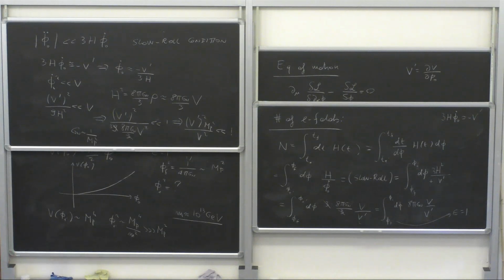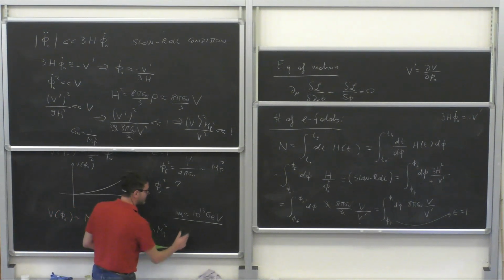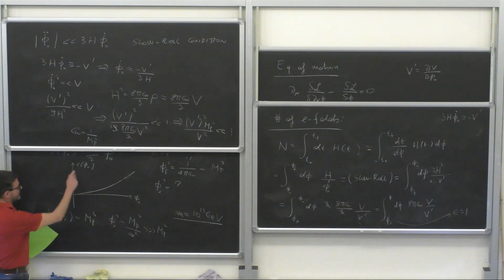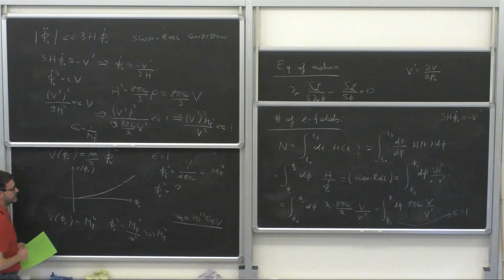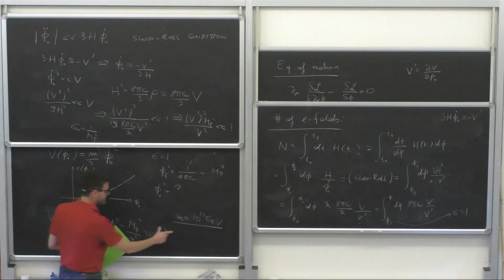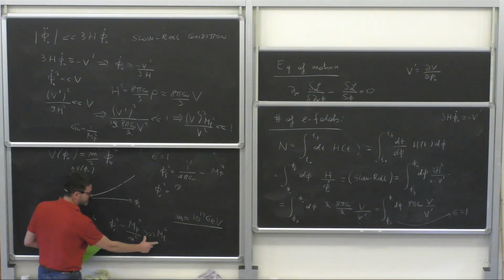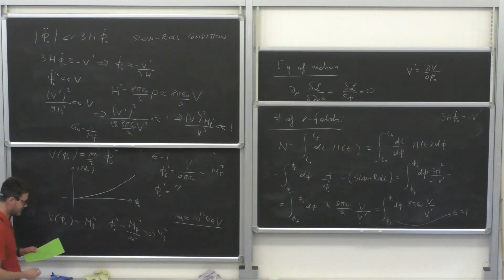I will explain this number when I compute the perturbation. So I fix the amplitude, the steepness of the potential, in order to explain the perturbation that we see today in the CMB. Okay, so you see this ratio is incredibly much larger than m Planck squared, by orders of magnitude.